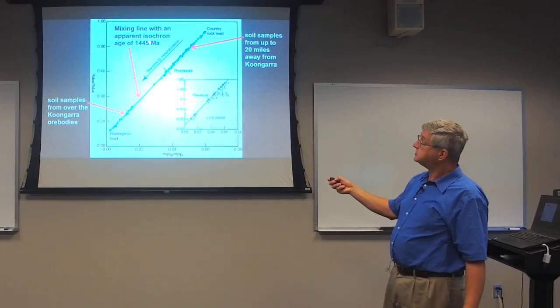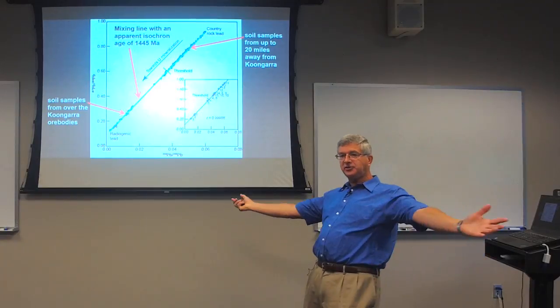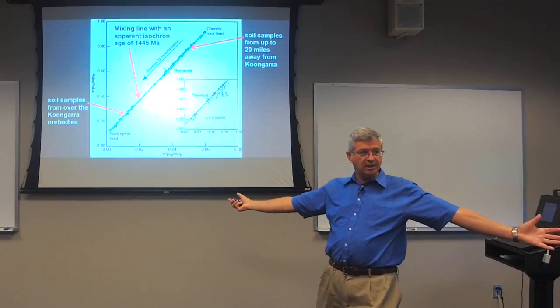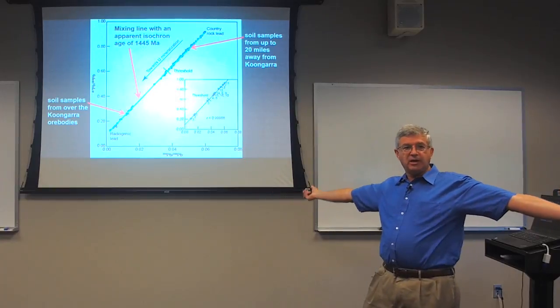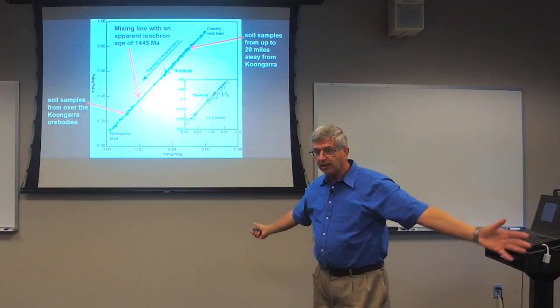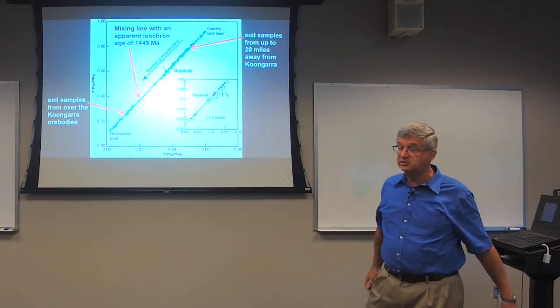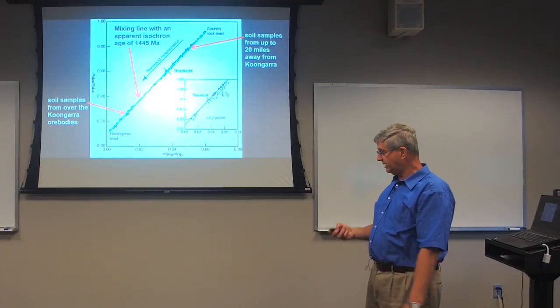So this was only an apparent isochron, it was actually a mixing line. It had nothing to do with the age of the soils. It had to do with the amount of uranium, and therefore the amount of lead that was in these soils, by groundwaters moving the material, moving these isotopes around.